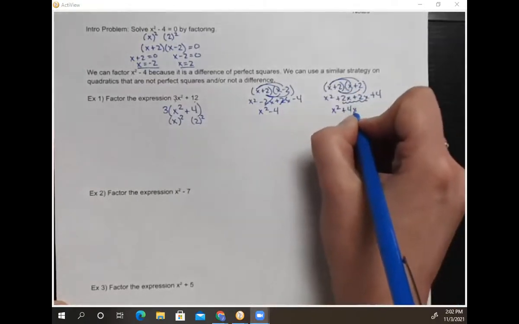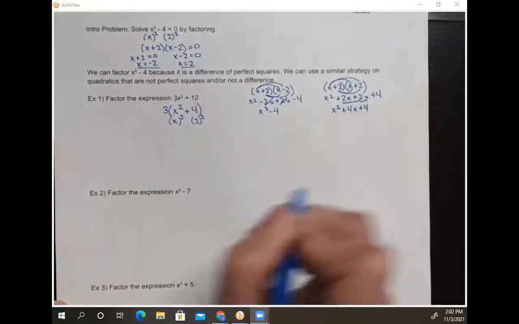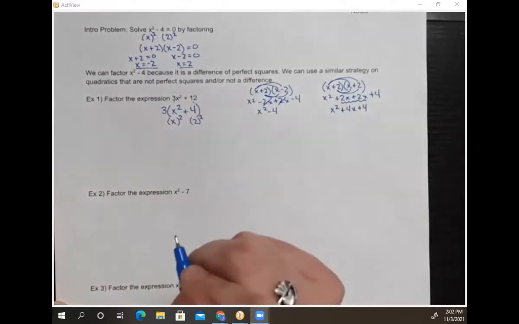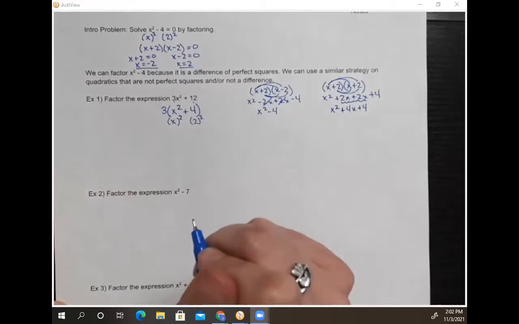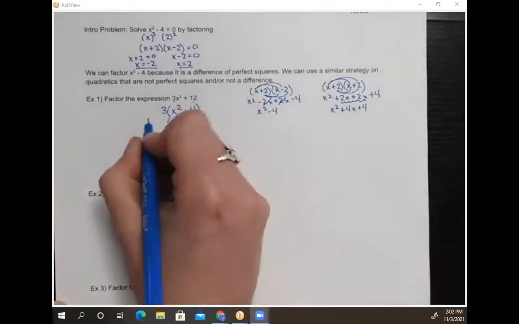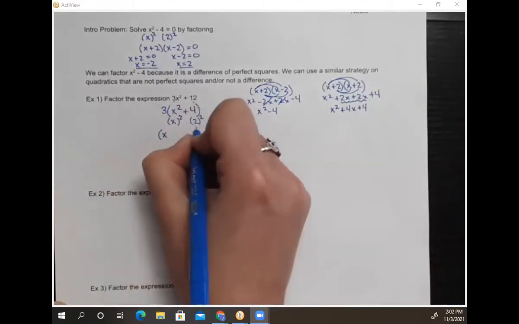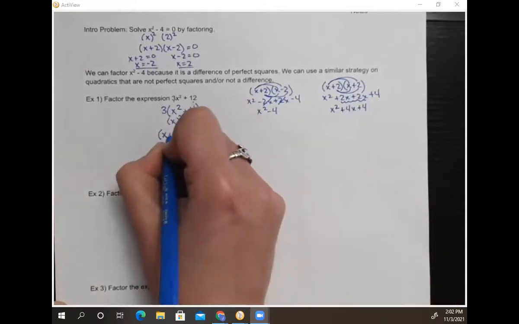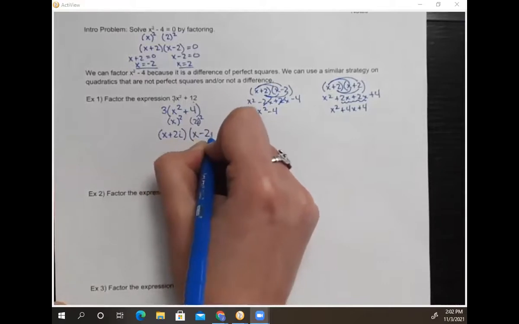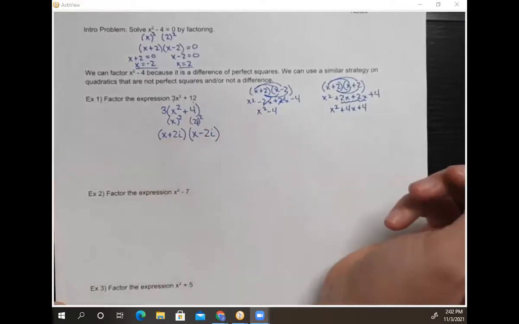So I get a 4x in the middle, and I don't want that 4x. So my workaround here is that I'm not going to use real numbers when I factor. I'm going to use imaginary numbers. Since I'm factoring a sum of squares, what I want to use is x and 2i. So x plus 2i and x minus 2i is my factored form here.